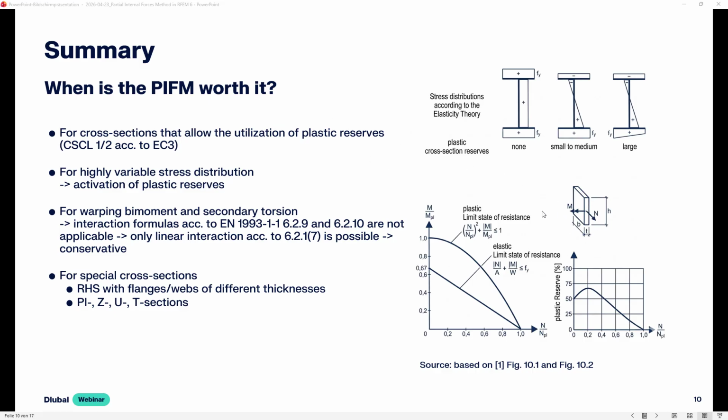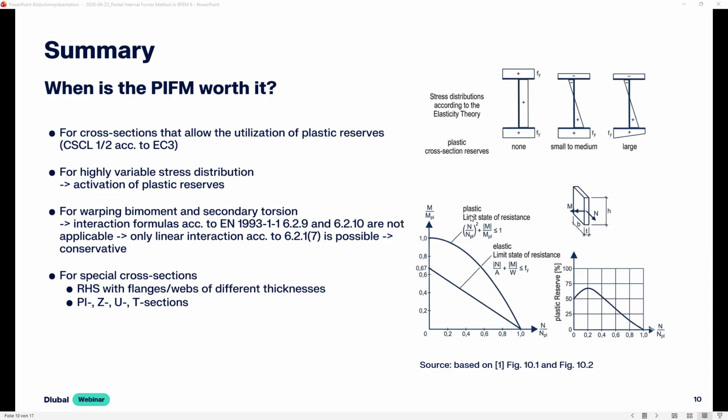And here again, we can see that the plastic reserves can be really big only for combined bending moment and normal force. If we have more internal forces, then this can even be higher than just for bending moment and normal force. But even already here, we can see that in some cases we have such a big increase between elastic limit state of resistance and plastic limit state of resistance.